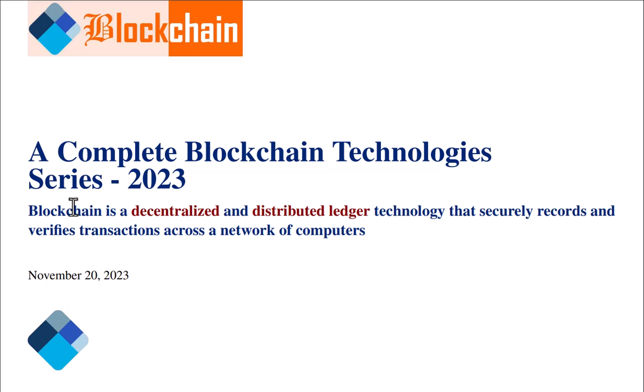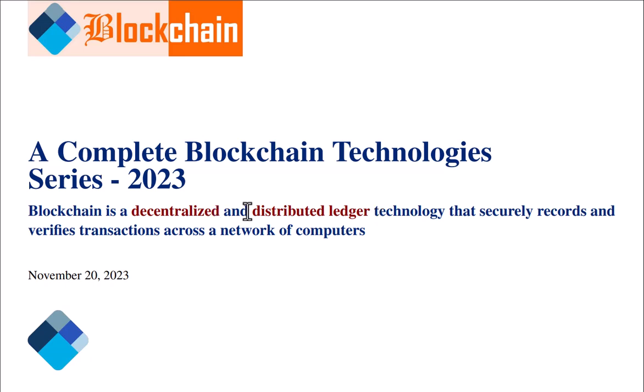So the blockchain is a decentralized and distributed ledger technology that securely records and verifies transactions across the network of computers. So we will focus on blockchain being decentralized and distributed ledger technology. These two terms will be explained in the next few slides.